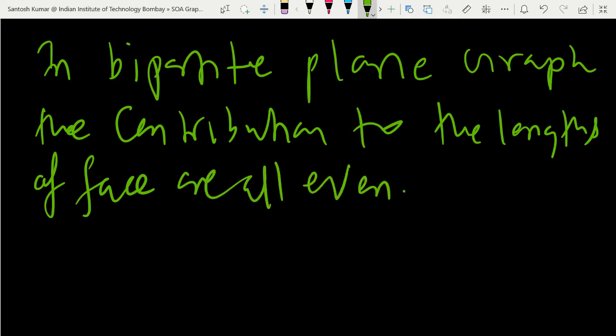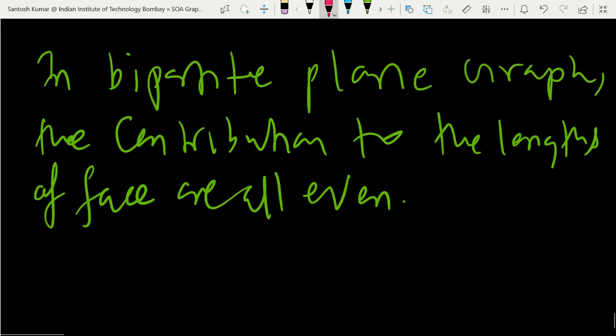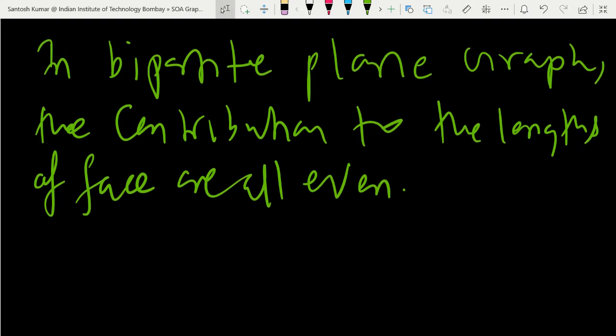You take any bipartite graph and check. It should be a planar graph. K3,3 is bipartite, but it is not planar. So you take a bipartite planar graph, and you can check this statement: the contributions to the length of faces are all even. You will always find the lengths of faces are even. And that's what we wanted to prove.